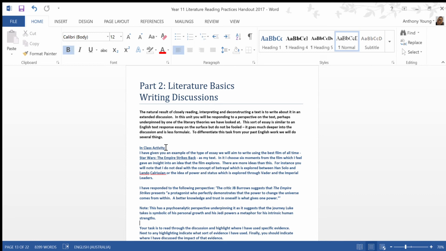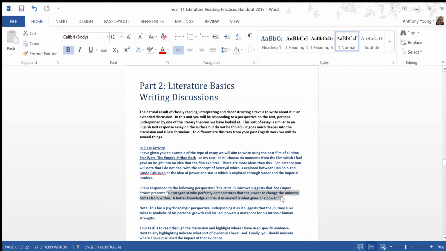So the critic, J.B. Burroughs, actually is a literary critic, and he has said of Empire Strikes Back that a protagonist who perfectly demonstrates the power of change of the universe comes from within is the protagonist of The Empire Strikes Back.